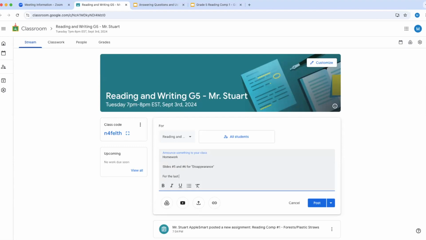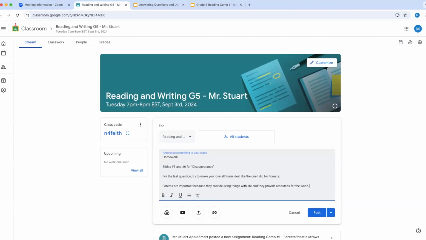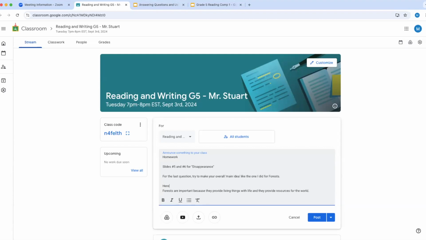Mm-hmm. The last question, try to make your overall main idea like the one I did for forests. And here it is. Here's my main idea for forests. Okay, and which questions are we going to answer?